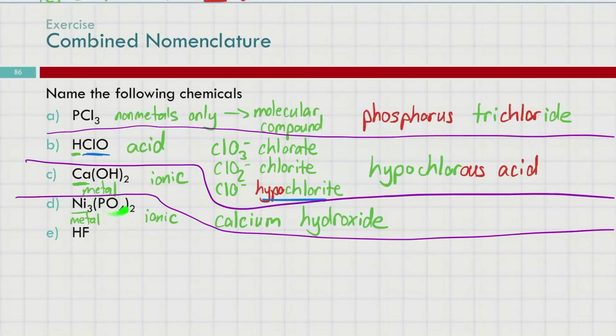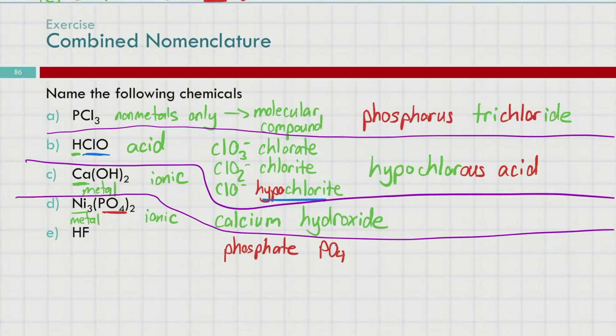So looking at our anion, our PO4, PO4 is what? Phosphate, which is an oxyanion. What charge does phosphate have? PO4 what?